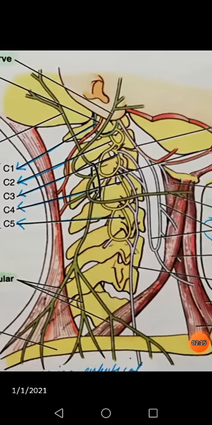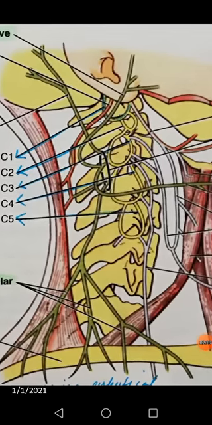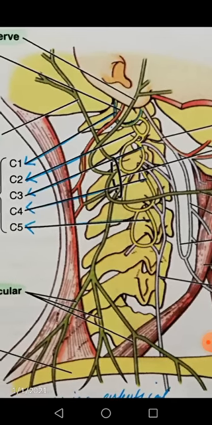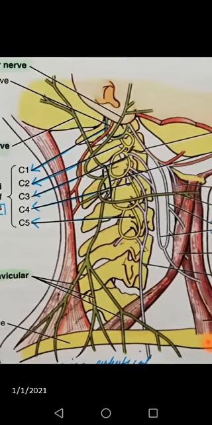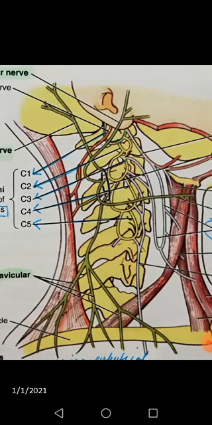Now you are looking at a schematic diagram in which you can see the looped structure of the cervical plexus, and the nerve branches marked in green color are its lateral branches.